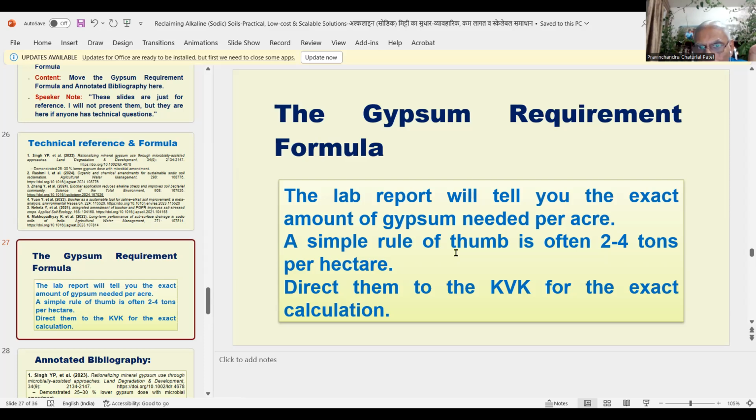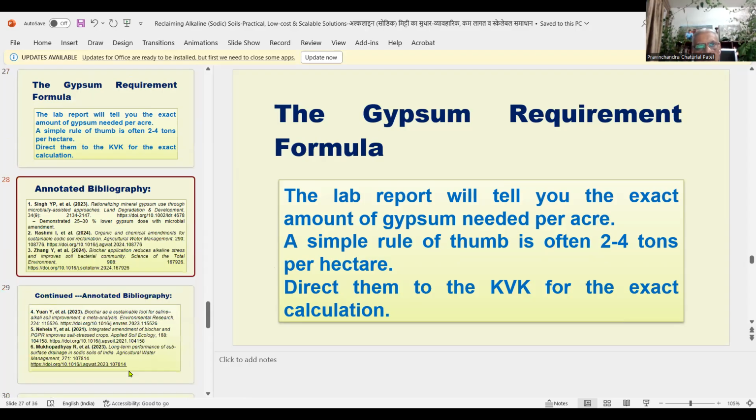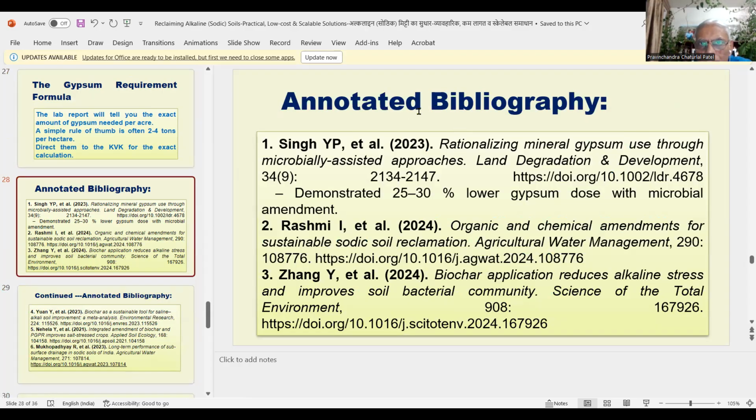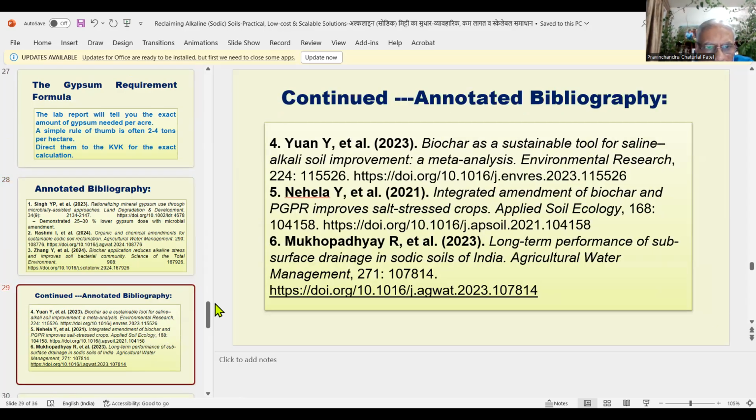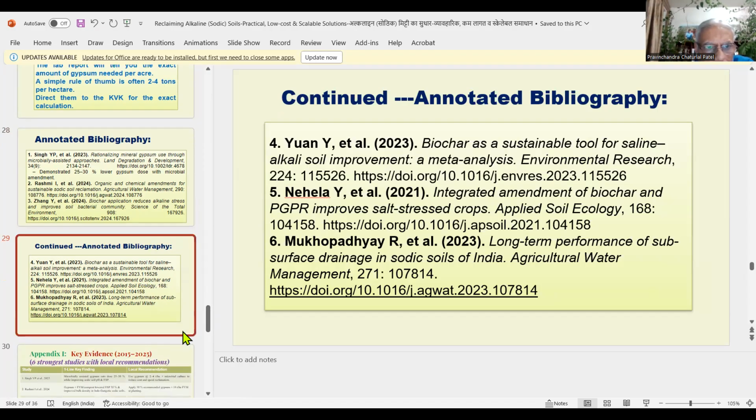A simple rule of thumb is often 2 to 4 ton per hectare. Then you can contact the Krushi Vignan Kendra for the exact calculation. Then the annotated bibliography, so you can read it. And if you have a problem, then ask me.